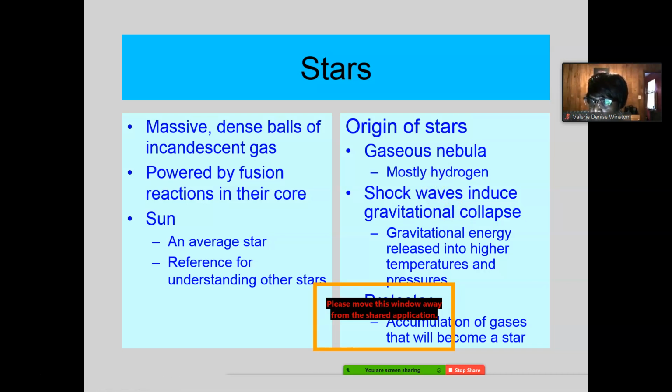Now, when these gases move closer together, gravitational energy is released into higher temperatures and pressures. Again, this is assuming you've had chapter 3 or 4, back in the first part of the book. We haven't had it, so let me try to explain what's going on. If you have a bunch of gases here, they're far, far apart.